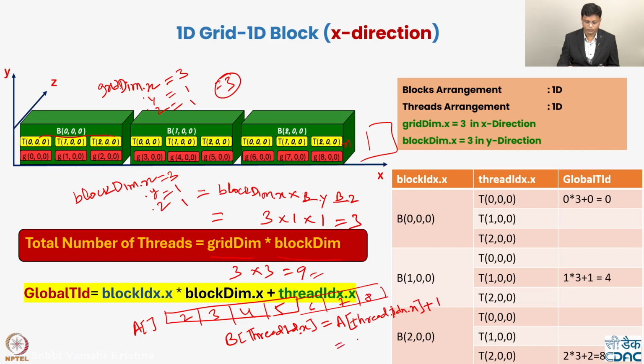It always points you to 2, and it will always point you to 3, and it always points you to 4. That is the reason you are not able to get the exact answer you are expecting. You want the entire array to be incremented by 1. It is not going to work here because each thread has the same ID within a block.